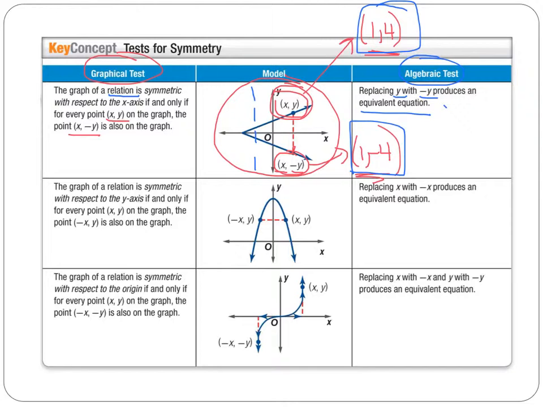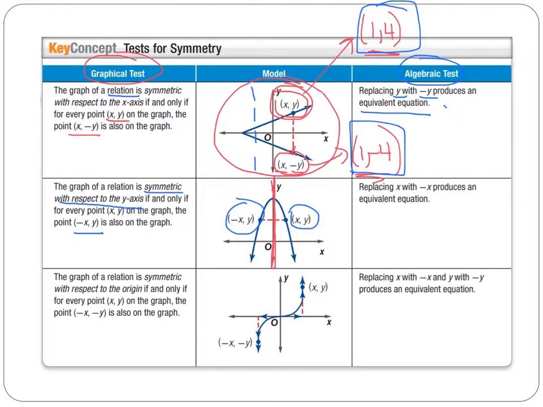Now, moving on to a new type of symmetry, we have symmetry with respect to the y-axis. The graph of a relation is symmetric with respect to the y-axis if and only if for every point (x, y) on the graph, the point (-x, y) is also on the graph. So notice that for these two ordered pairs, when you have y-axis symmetry, again, here's our y-axis.